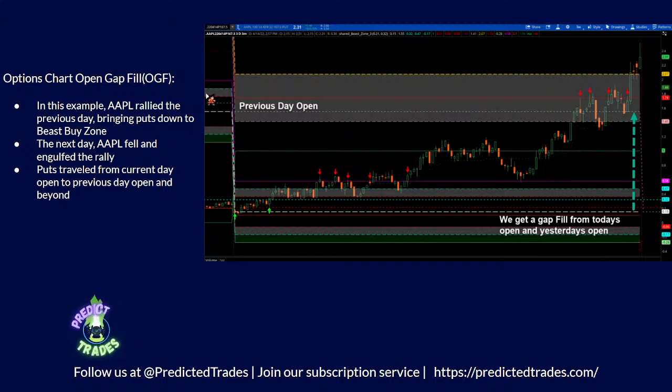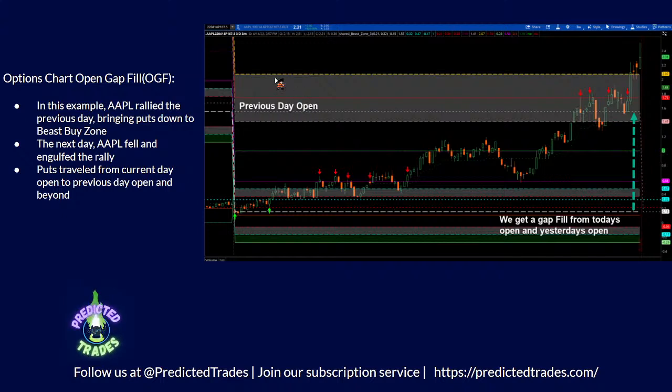So on the previous day, Apple rallied, and these puts fell down to our little beast zone, our weekly buy zone. The next day we open right near that beast zone, we push into it and hold it. So we would start to take this long, and you look for where the previous day's open was.